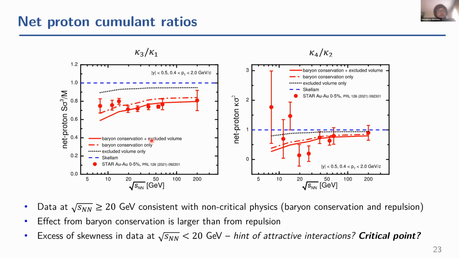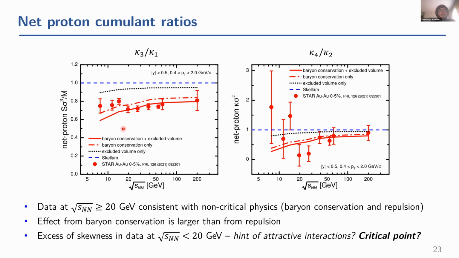And we see here a comparison of net proton ratios of third to first order and first to second order cumulants. Maybe the third order is a little bit more interesting because the error bars are so much lower, and we can make some quantitative statements here.